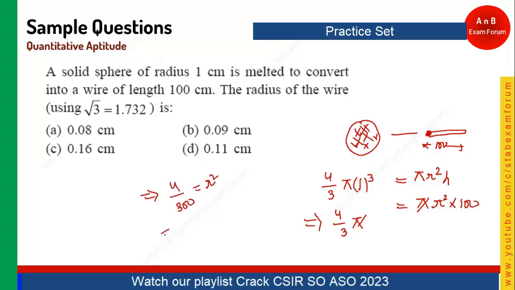Now if you take a root, root 4 is 2, and root 3 and root 100 is 10. So 10 root 3 is equal to r. 2 1s are 2, 2 5s are 10, and the value of root 3 they have given as 1.732. On solving, you will get the answer 0.11 centimeter. So option D is the correct answer.